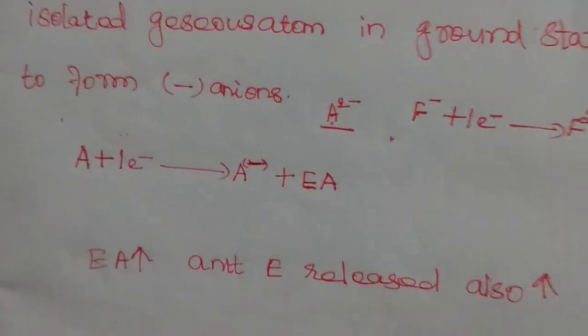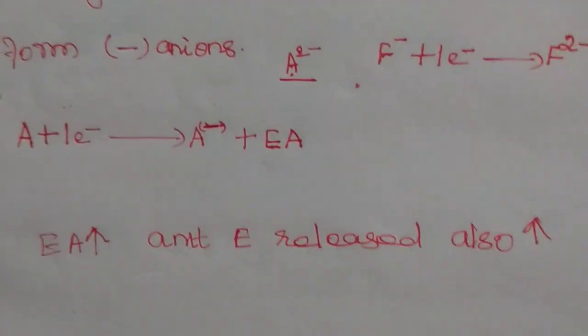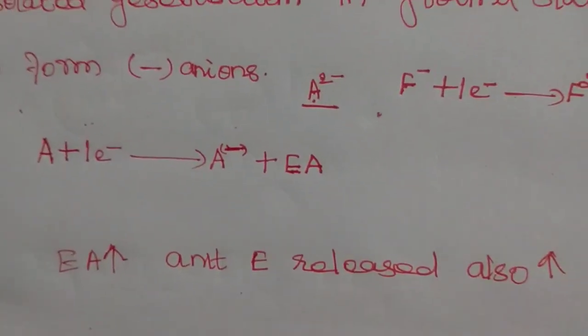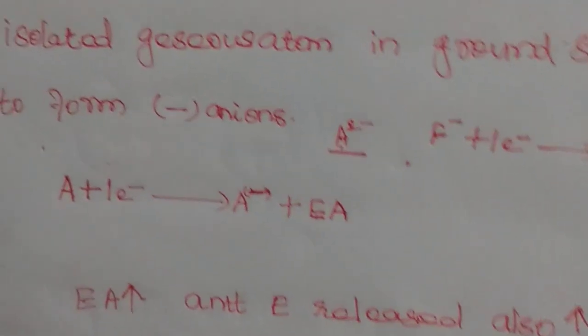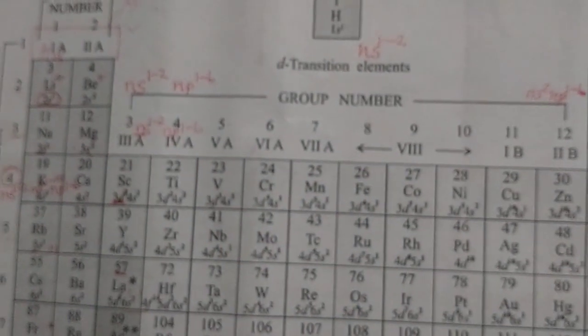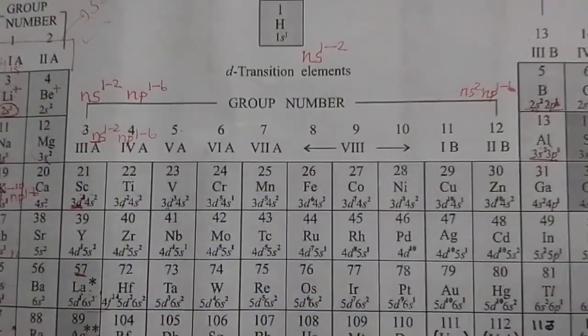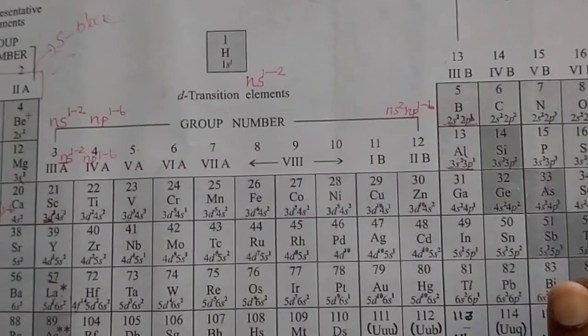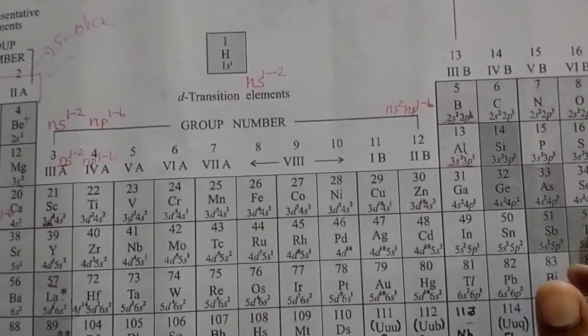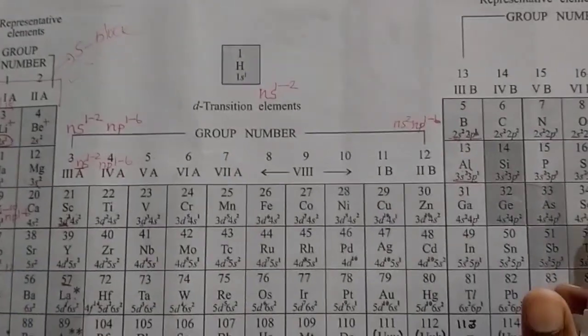That means the released energy is increasing when we move from left to right of the period.